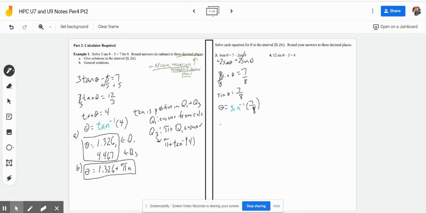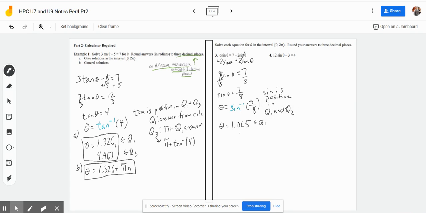So theta equals 1.065. This is our answer in quadrant 1. So sine, this is a positive 7 over 8. Therefore, sine is positive in quadrants 1 and 2.